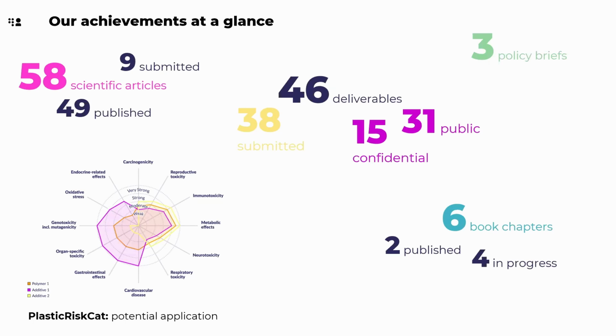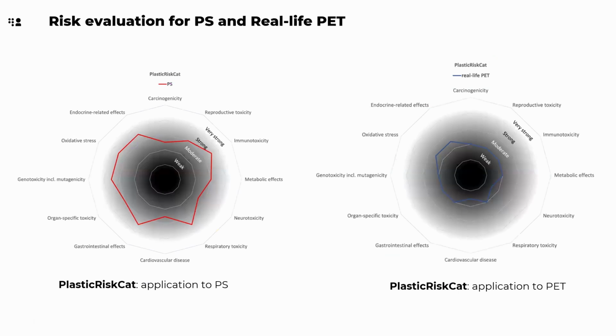We have managed so far to apply this framework to polystyrene and to nano PET, both nano. Polystyrene are the beads. PET is a real-life material that we have obtained from plastic bottles. And this is how it looks.